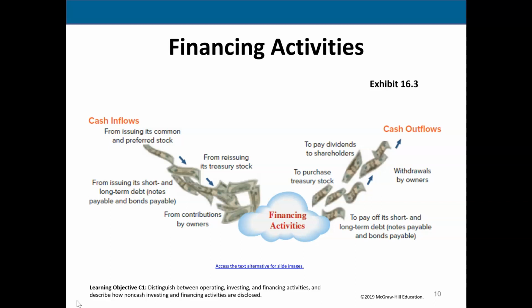They go out on the stock market and they purchase their own stock. That is considered treasury stock. The cash outflows that would go along with financing activities is they pay their shareholders dividends, they purchase treasury stock, the owners withdraw money, or they pay any of their bonds or notes payable.